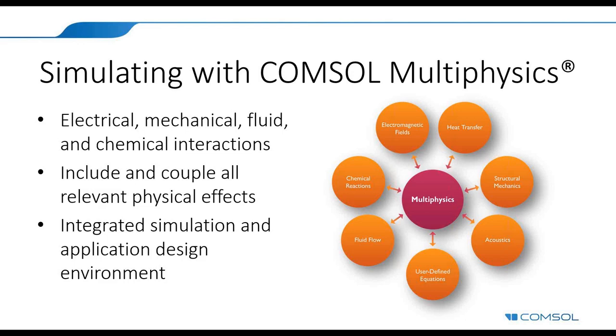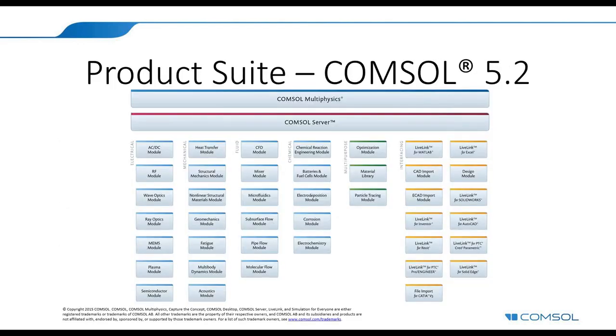So if you take a look at the diagram on the right, these are some examples of the different physics you might include in a single model, and you can couple those together in the software. You can use the built-in physics interfaces available with COMSOL. You can also define your own custom physics if you need to. So there's a lot of flexibility here depending on what you want to do. And then there are also benefits to staying in the same environment for single physics simulations. That allows you to use the same workflow no matter what your task is.